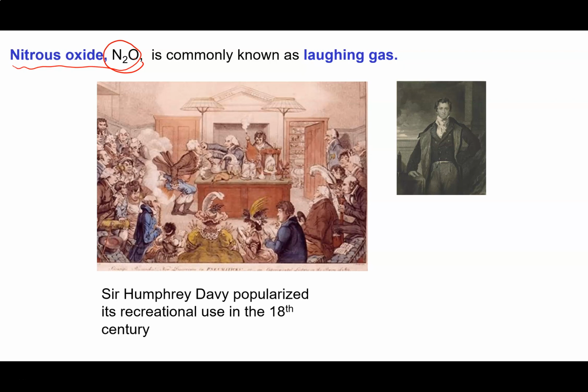Nitrous oxide is commonly known as laughing gas, and it's often used for whipping cream, and it's sometimes used as an anesthetic. A guy called Sir Humphrey Davy popularized the recreational use of laughing gas in the 18th century, and people would come to these parties and pay money for it.